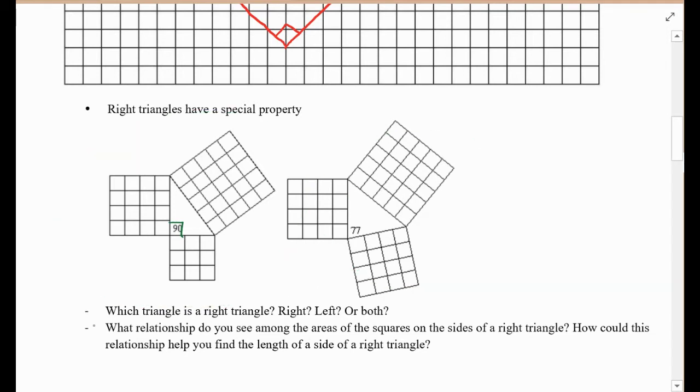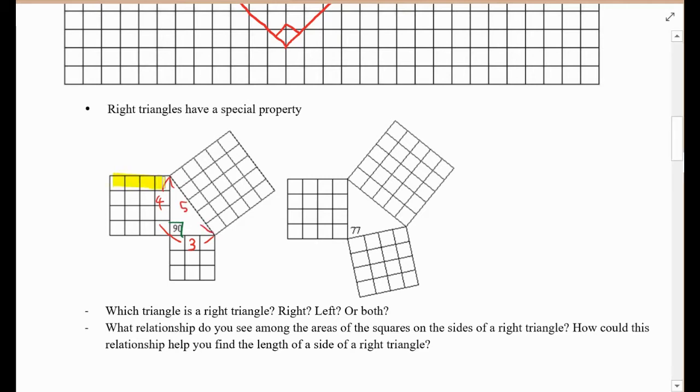Let's compare those two triangles, okay? Each triangle has a square on each side. So here, let's find out the side lengths. This is a 3, and this is a 4, and this is a 5.